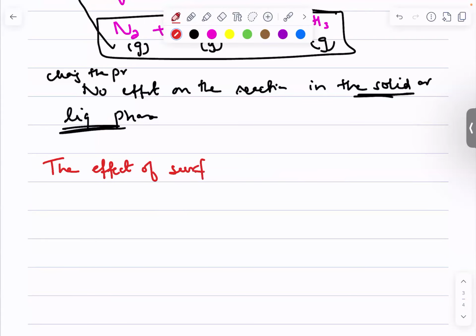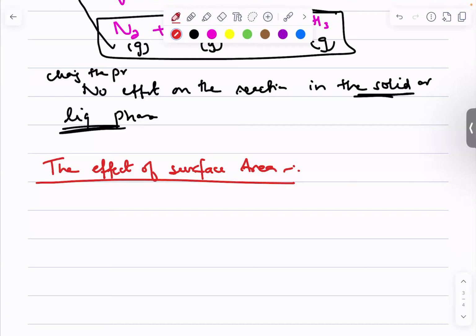The effect of surface area. Now, you must have seen it in normal routine life. For example, let's suppose you want to mix sugar in water, and you know that sugar is in the form of crystals. If you are mixing 3 tablespoons of sugar in a jug, it would take some time, but if you grind that sugar and make a powder of the same 3 tablespoons, and try to mix the powdered sugar in a separate jug of water, you can quickly mix it.